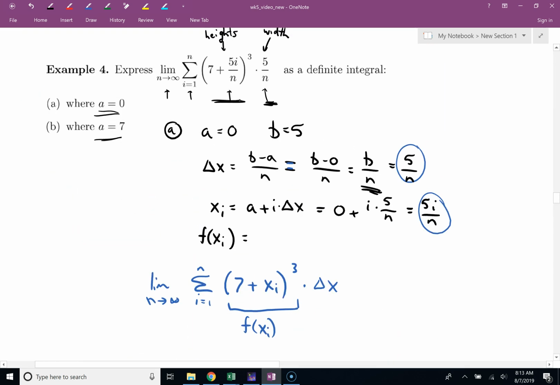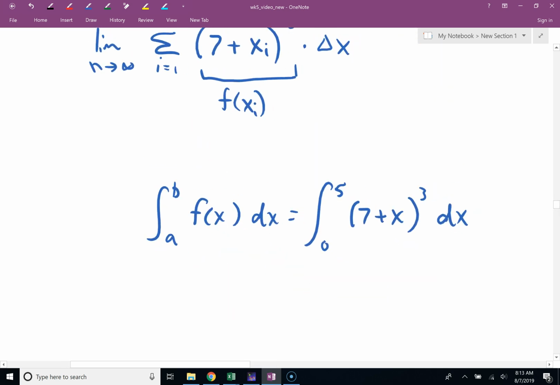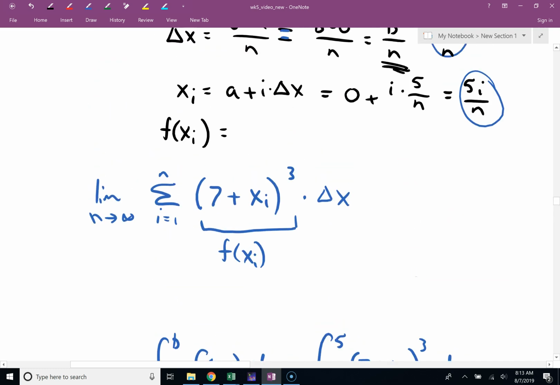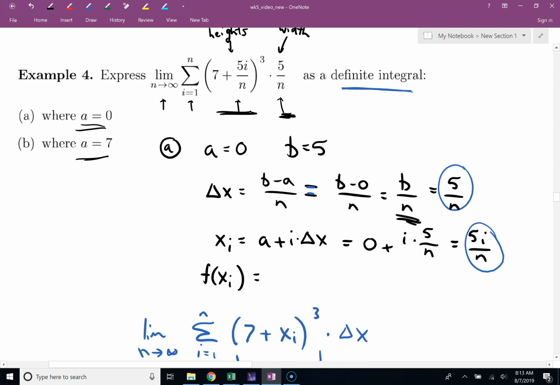So that is my part A. Again, our goal was to express this Riemann sum as a definite integral. And with definite integrals, we always need an integral from a to b of some function f of x. So let's see how this changes, right? Instead of using a equals 0, if I was to do a equals 7, maybe I'll use this same space here.